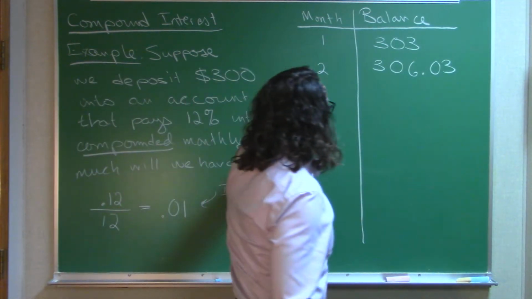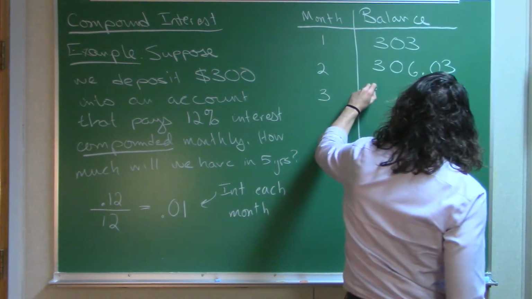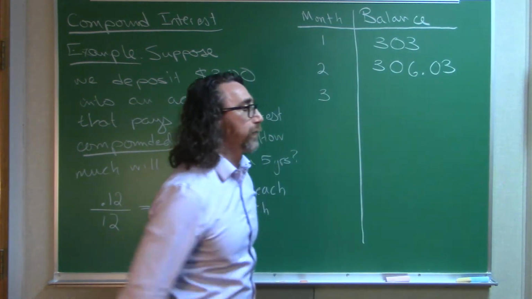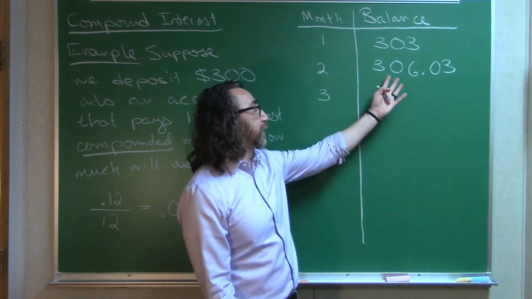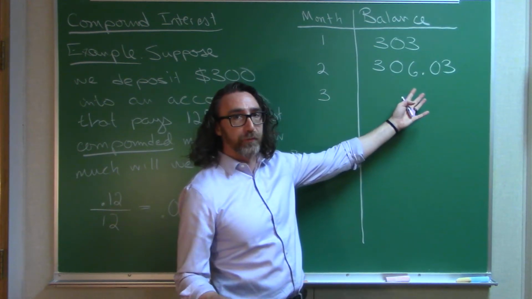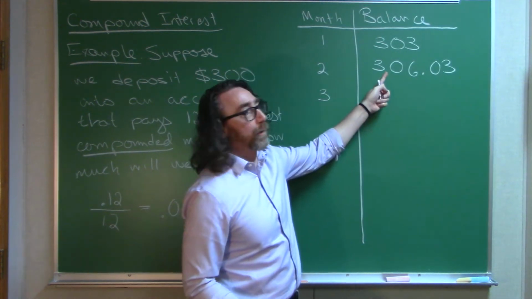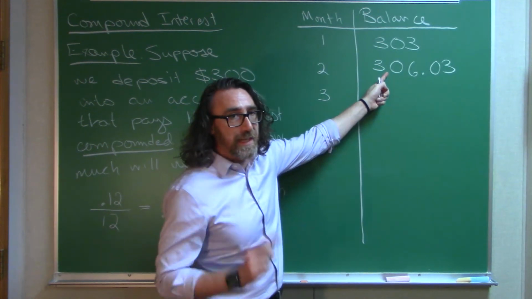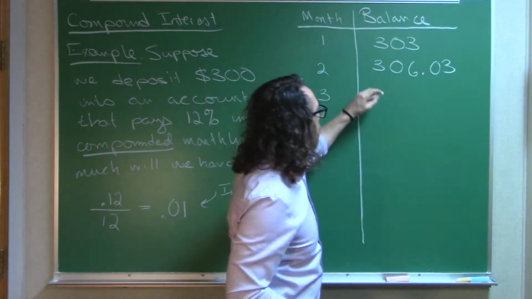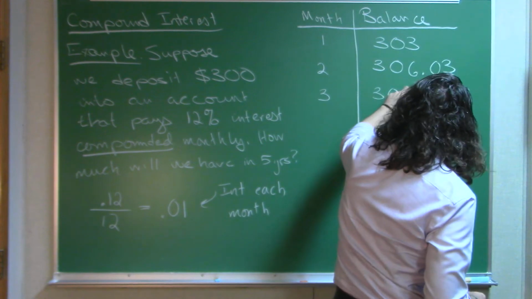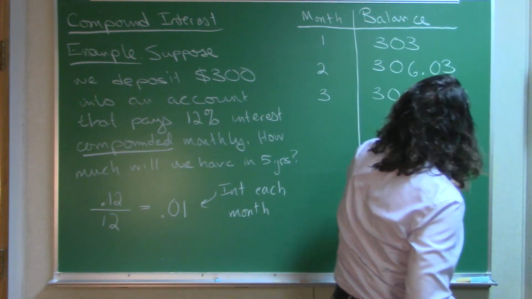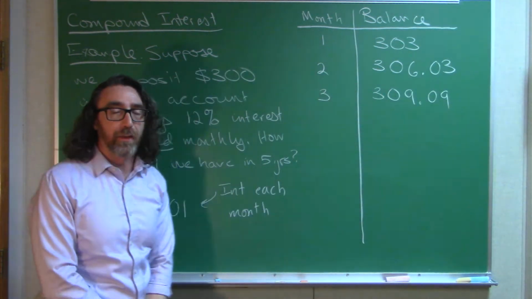Okay, after 3 months, you have the bank look in your account. They say, how much is in there? All right, $306.03. Take 1%, $3.06. Add that on to what's already in the account, and you get this, $309.09.